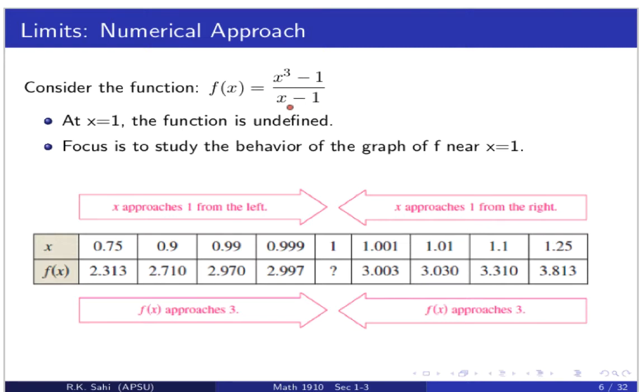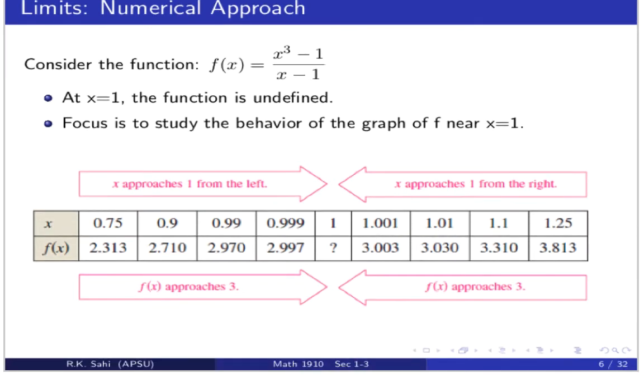As I said earlier, the function is undefined at x equal to 1, and we want to study the behavior of the function near x equals 1. What we notice is that as we take values of x closer to 1 from either side, on the right and the left, the function is approaching 3. That's just by plugging in the numbers.